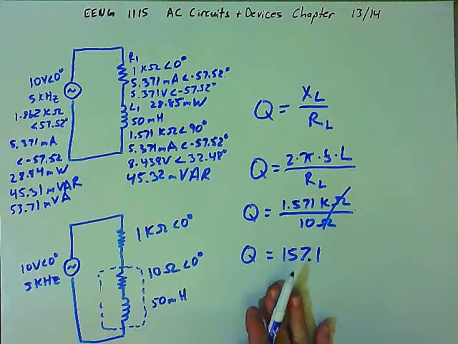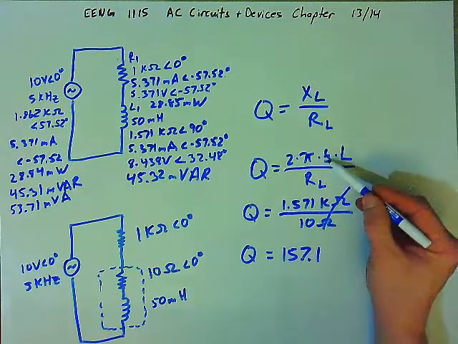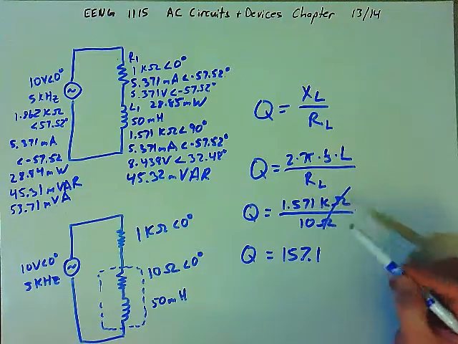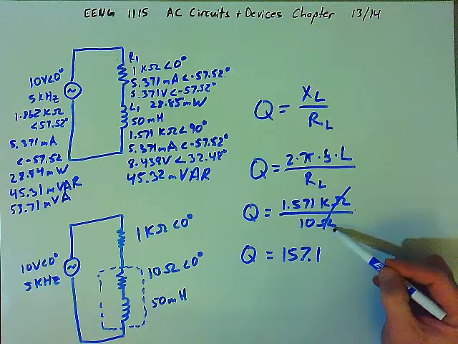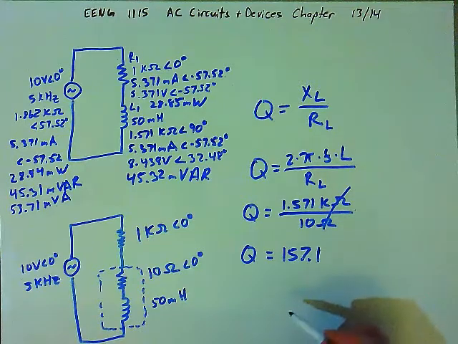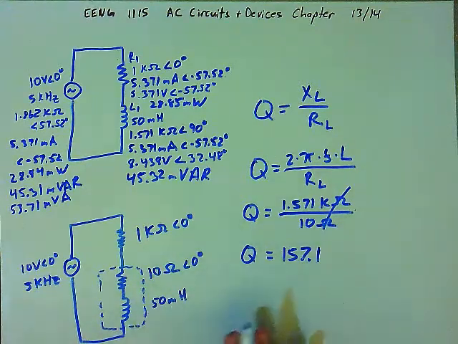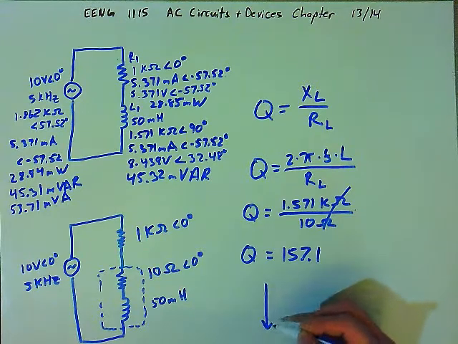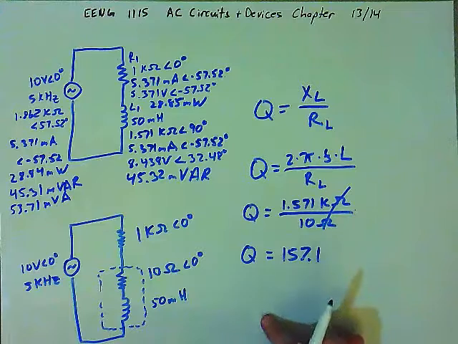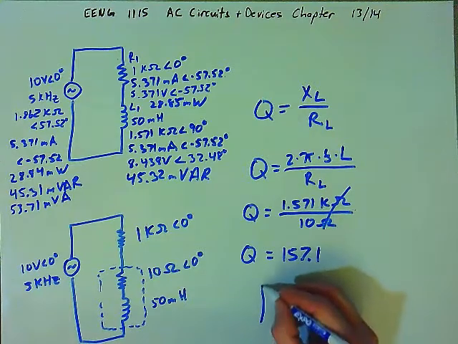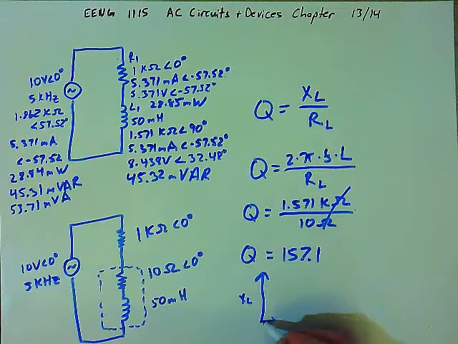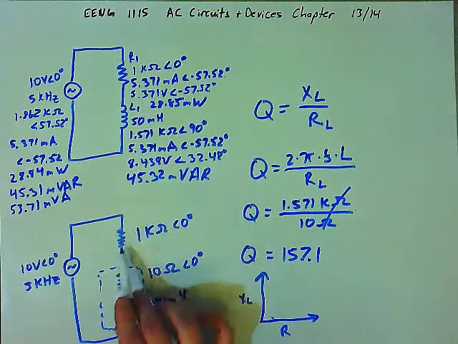And so what we're saying is that if the frequency is higher, X sub L is larger, and we want X sub L to be much larger than the actual resistance of the circuit. And so if you looked at the vectors that make up the total resistance of this circuit, we have the inductive reactance, X sub L. We have the resistance of the circuit, right, which is the actual resistor.